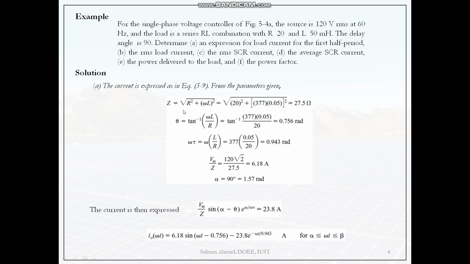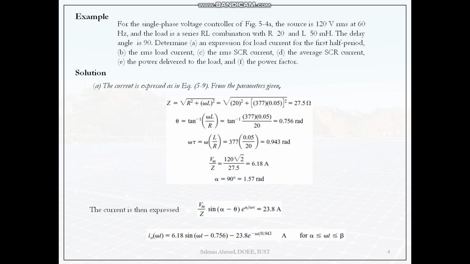So first you have to find the impedance, so that is square root of R squared plus (omega L) squared. If you substitute the values, you get 27.5 ohm. Theta is tan inverse omega L upon R. Omega tau you can calculate, Vm upon Z you can calculate. These values you will need to calculate the current expression.